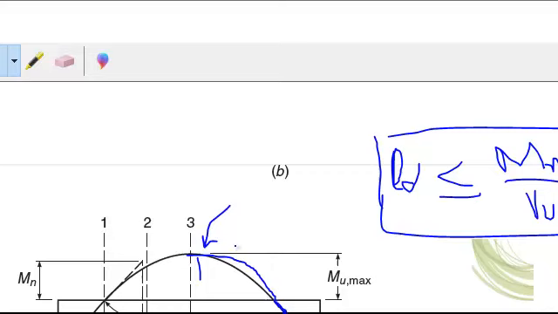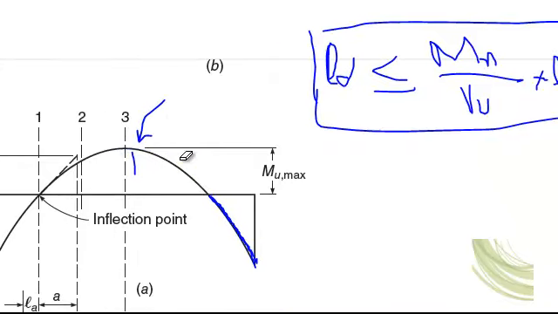The convexity of the negative moment diagram is toward the beam side, but in the other case the convexity is in the opposite direction of the beam length. Clear? So what I mean is that if you draw a tangent with this kind of curve at the point of inflection, you will get this kind of line.